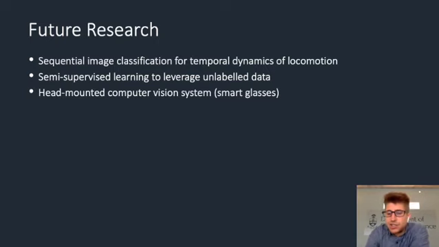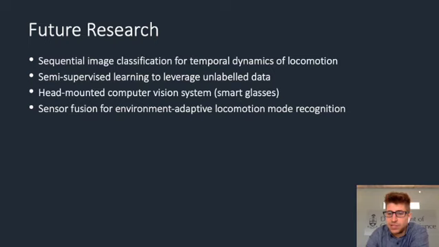We're also transitioning away from our previous research platform to a fully integrated head-mounted computer vision system, aka smart glasses. And future research will eventually focus on sensor fusion of our smart glasses with onboard mechanical, inertial, and/or neuromuscular sensors for environment adaptive locomotion mode intent recognition.